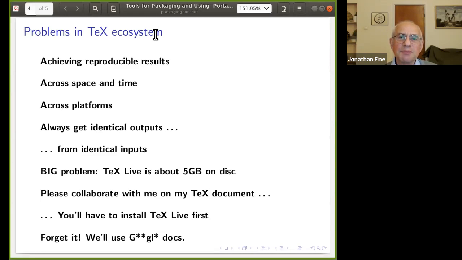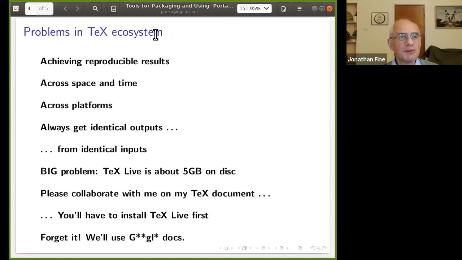So here's the problem that the TeX ecosystem really has. You say to somebody, please collaborate with me on my TeX document. You'll have to install TeX Live first. So you have to download and install a 5 GB thing.